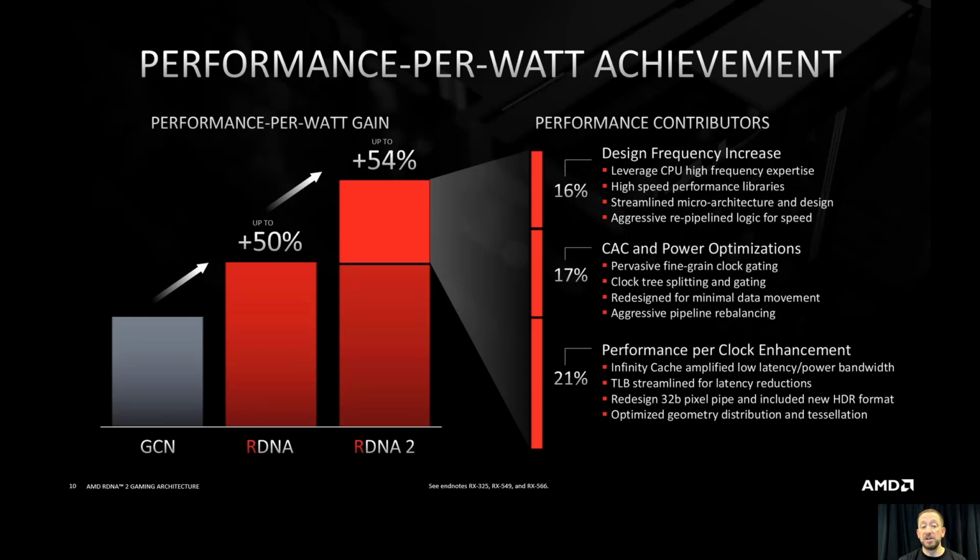RDNA 2 delivered another comparable performance per watt improvement, but this time in the same process technology, which is a true testament to the work and innovation of our architects and engineers, embracing plenty of challenges, but finding a way to navigate through them. The improvements were split between the areas that we've talked about, and the Infinity Cache and its combination of high bandwidth at low power was a key lever in the final attainment, as it allowed us to extract more of the frequency inherent in the design.